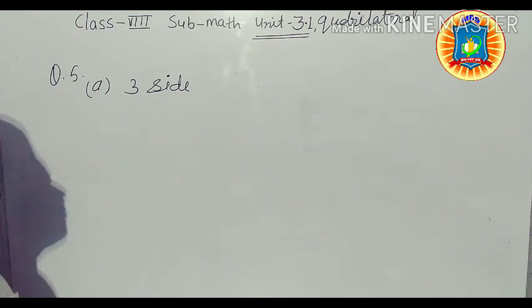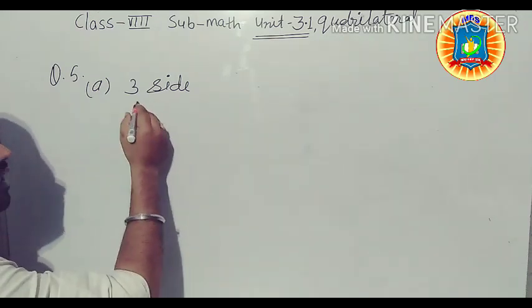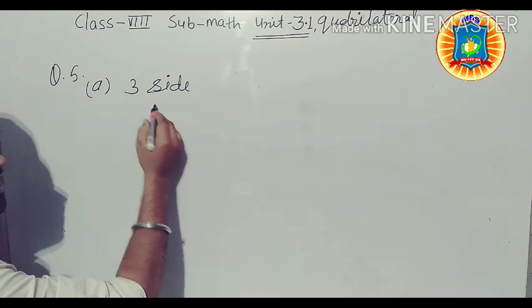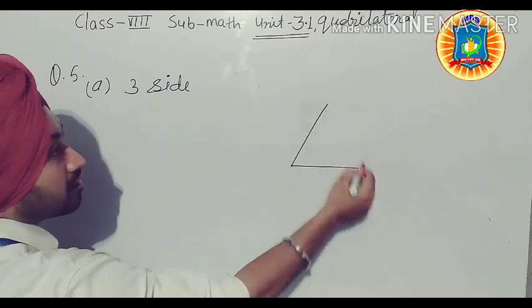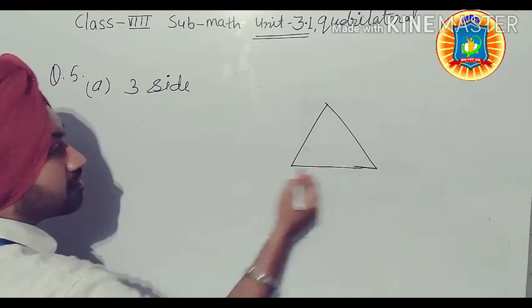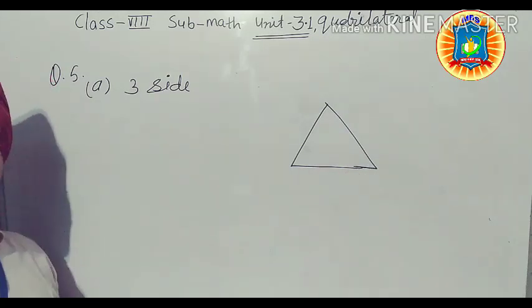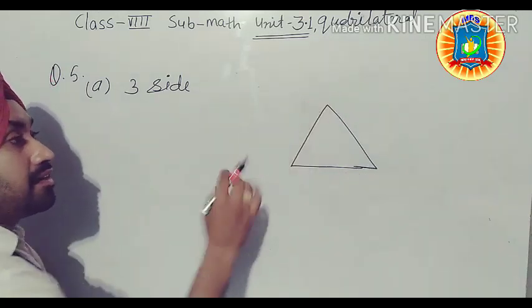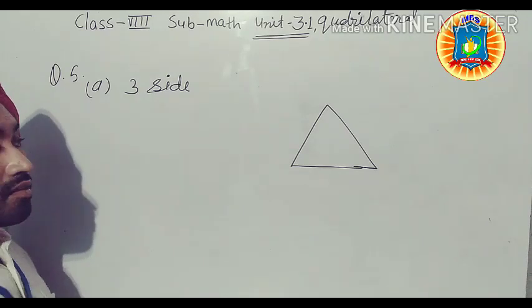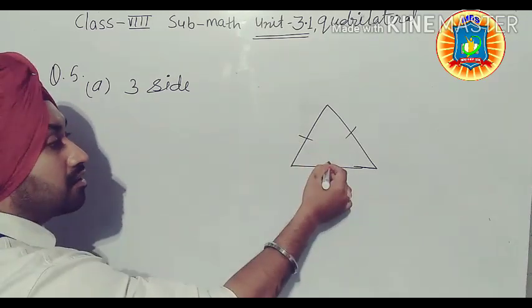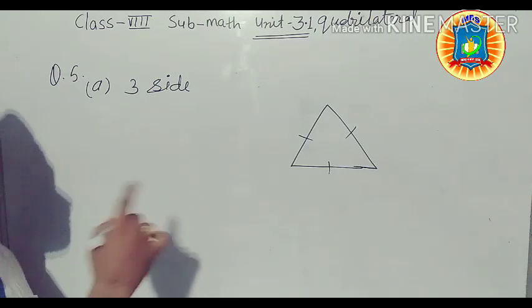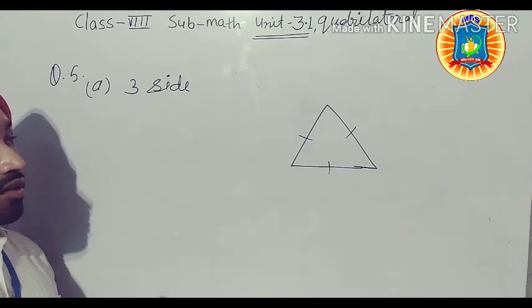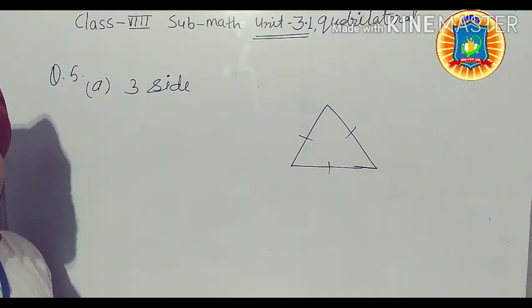First we see that there are 3 sides. There are 3 sides in a triangle, and when a triangle is a regular polygon, all sides are equal, because in a regular polygon all sides are equal and all angles are equal.